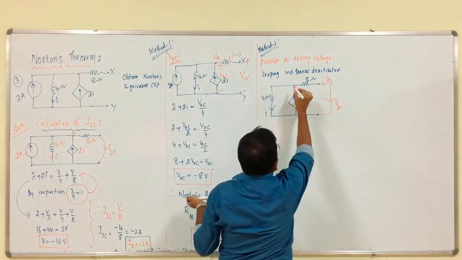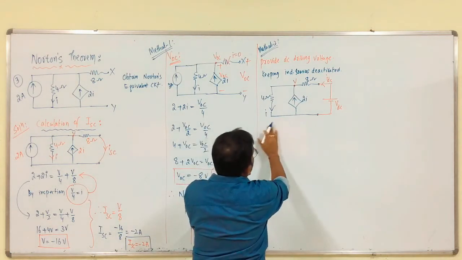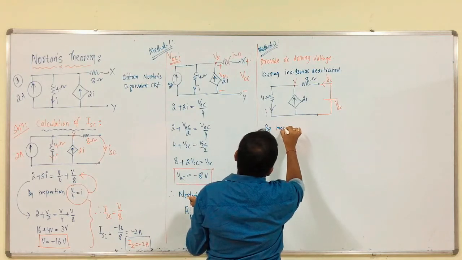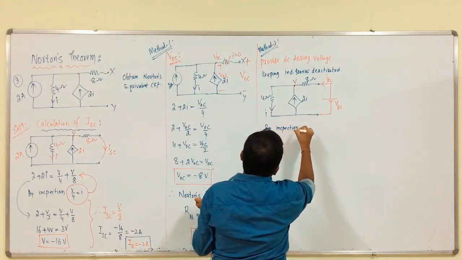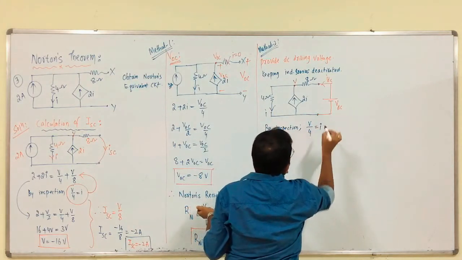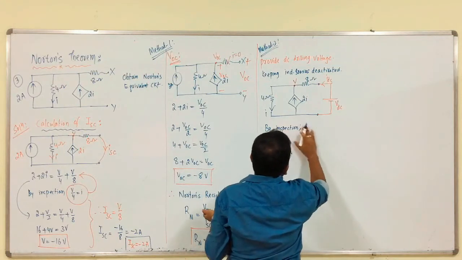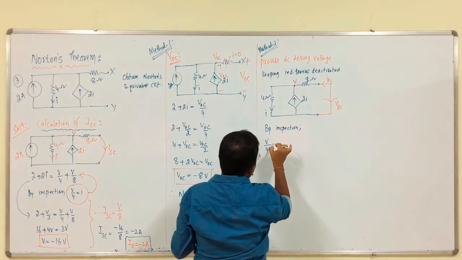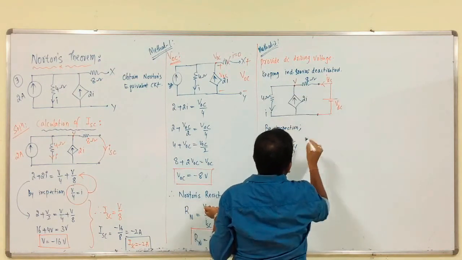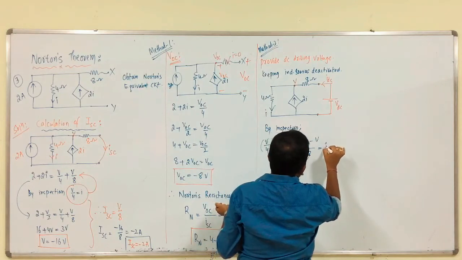Let us say this is V. Before that, by inspection we have to write some equations. By inspection, V by 4 equals I, and VDC minus V by 8 equals IDC.